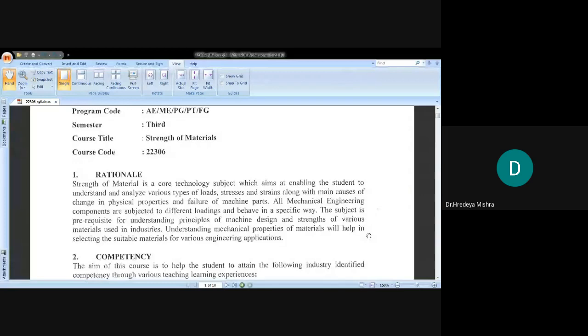So all machines have a base of cast iron. Why do they choose cast iron for the base? Because the compressive strength of cast iron is very good and the cost is also low.